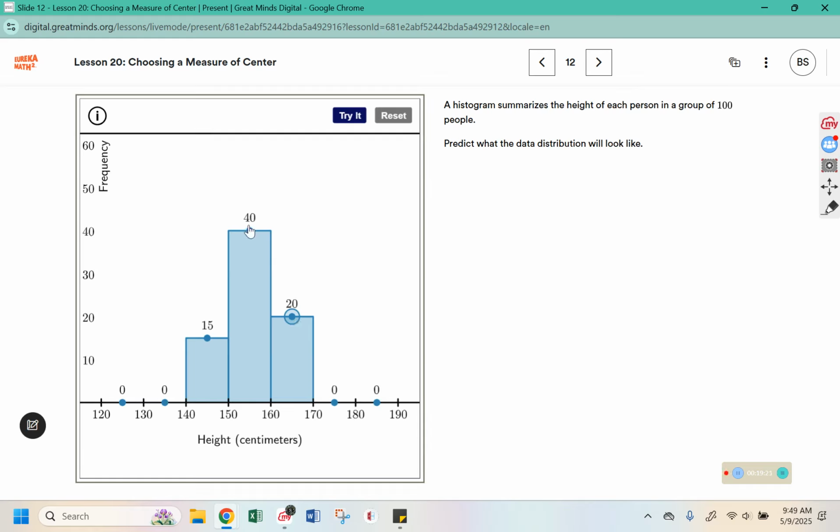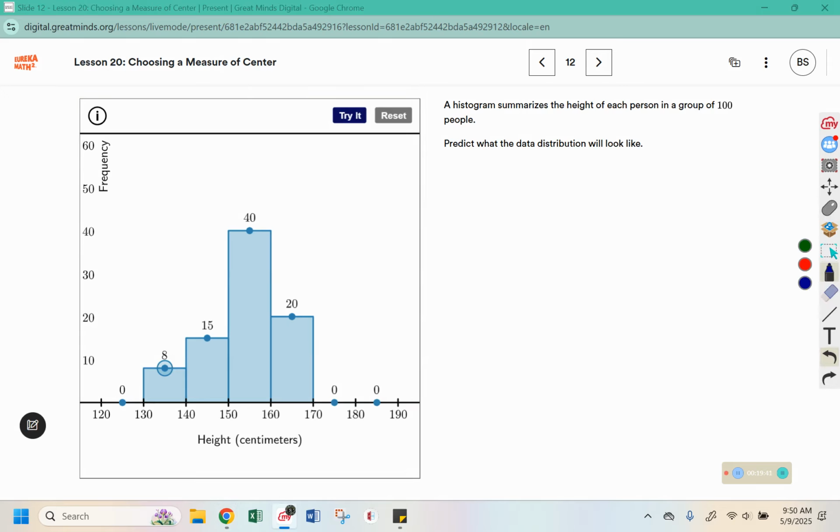Let's see, 20 plus 40 is 60, 75. I need 25 more people. So we're going to go 60, 75, 75 plus 8 puts us at 83.